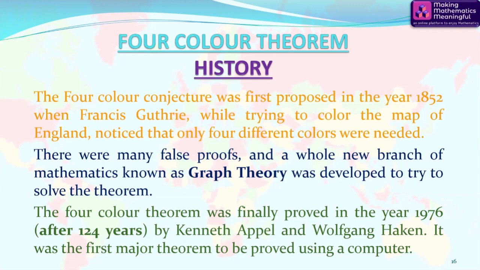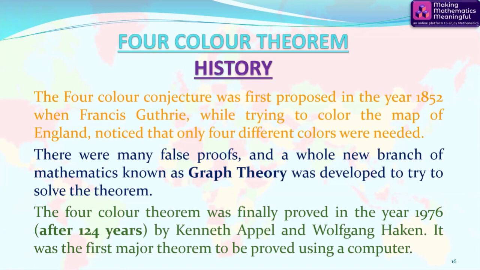Well, let's talk about a brief history of this 4 color theorem. The 4 color conjecture was first proposed in the year 1852 when Francis Guthrie, while trying to color the map of England, noticed that only 4 different colors were needed.